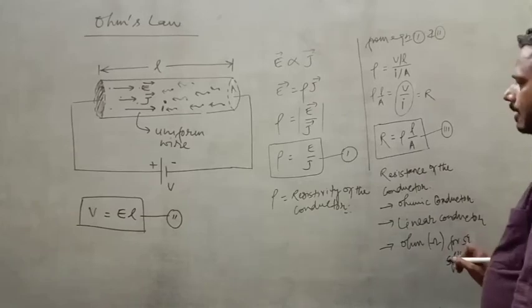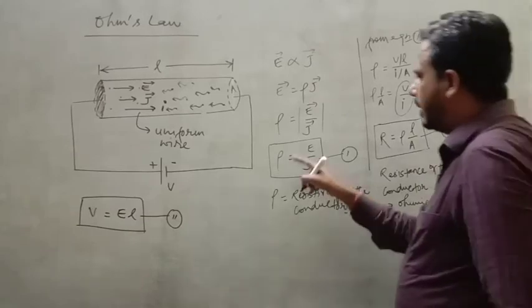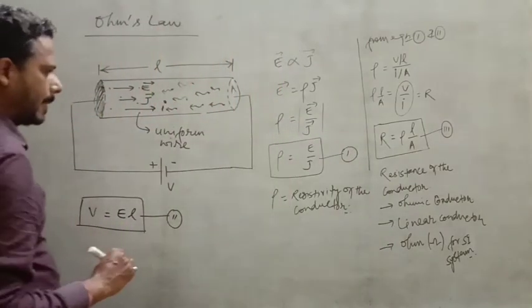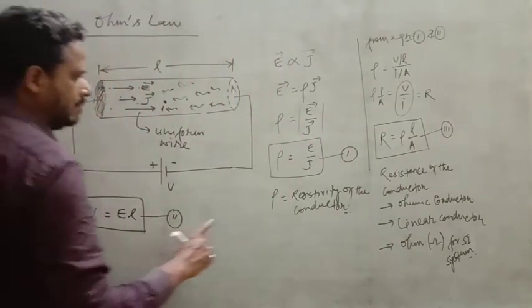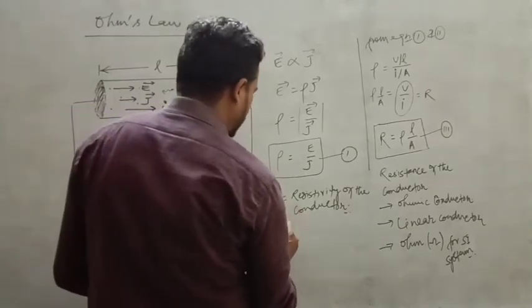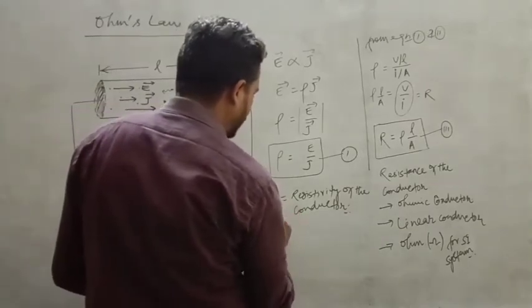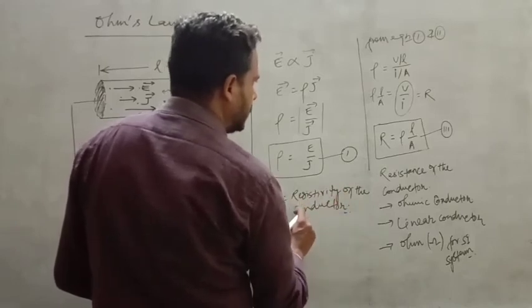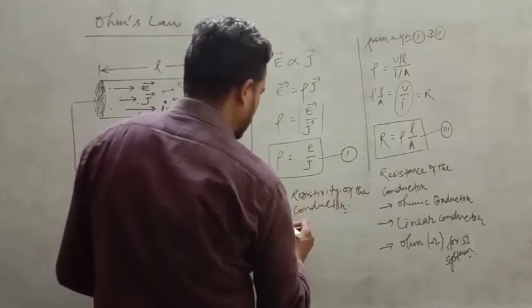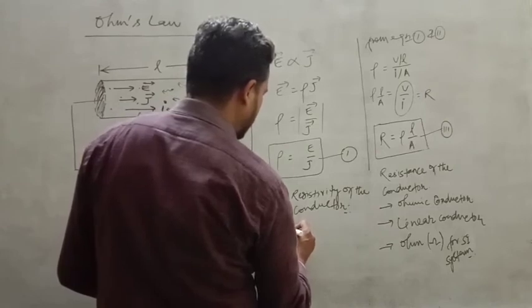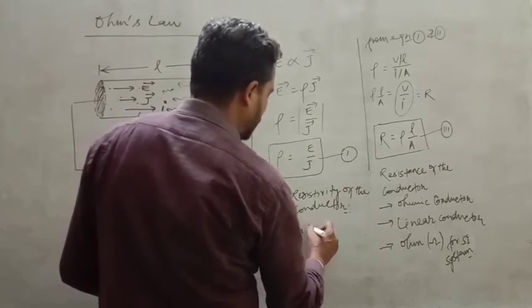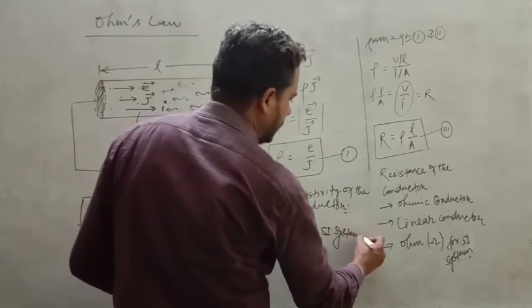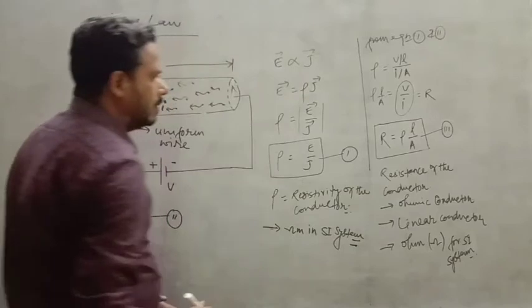Accordingly, from here you can find the unit of rho, that is resistivity. This one is ohm meter in the SI system, the unit of resistivity.